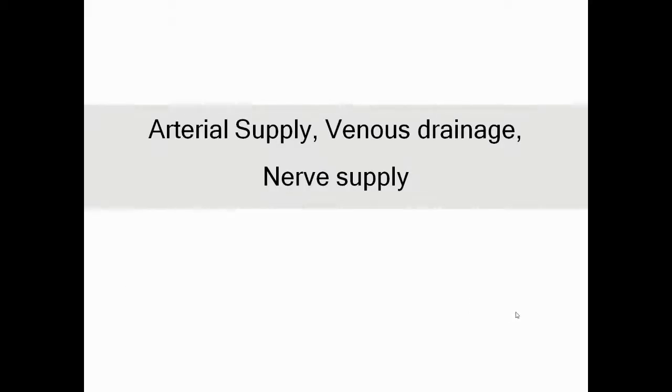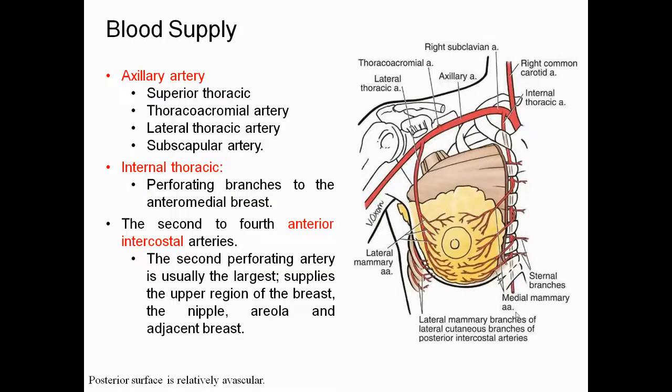What is the arterial supply, venous drainage, and nerve supply of the breast? First, we will discuss the blood supply of the breast. Axillary artery: superior thoracic artery, thoracoacromial artery, lateral thoracic artery, subscapular artery. These are the branches of this artery.